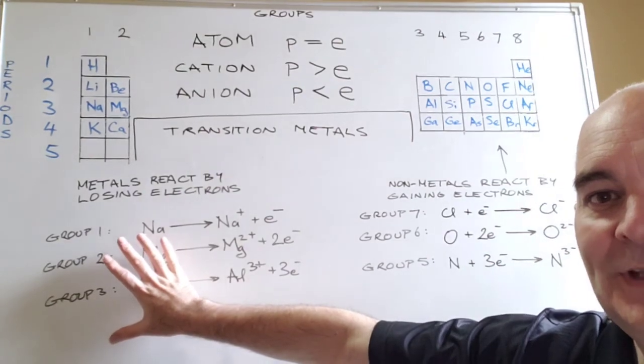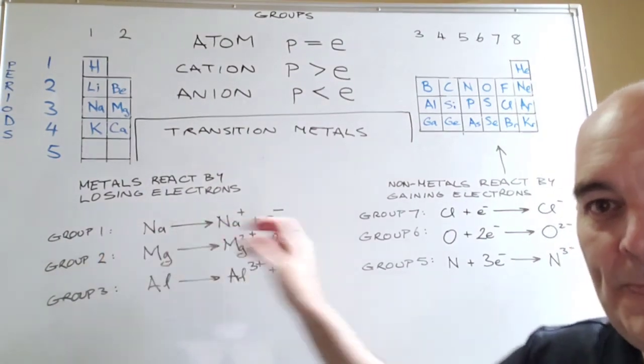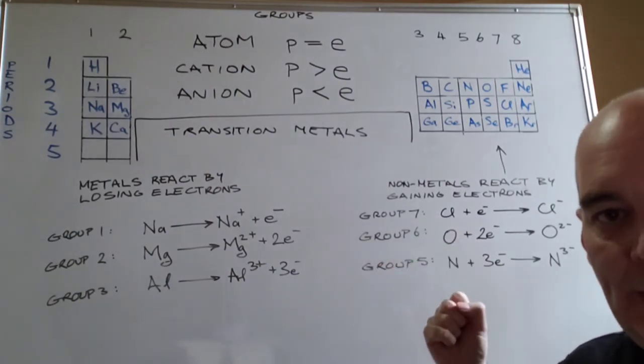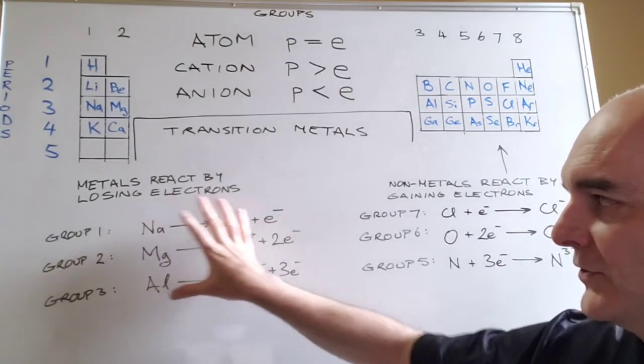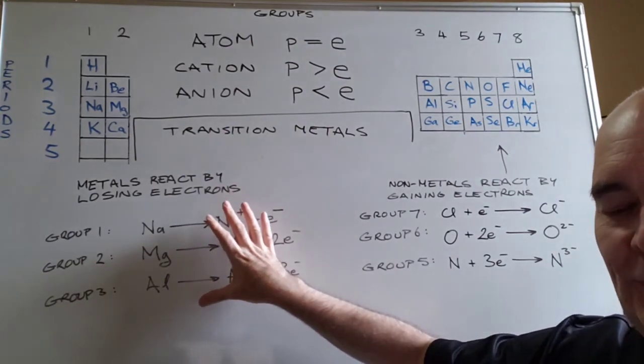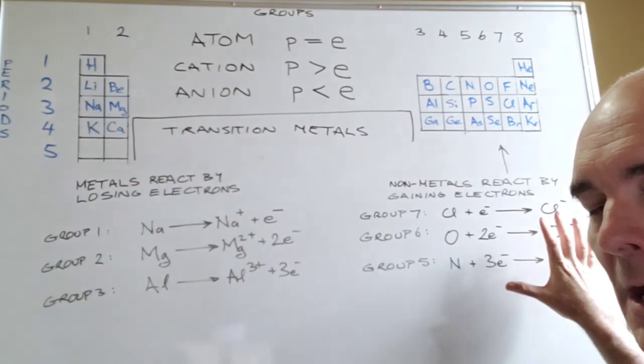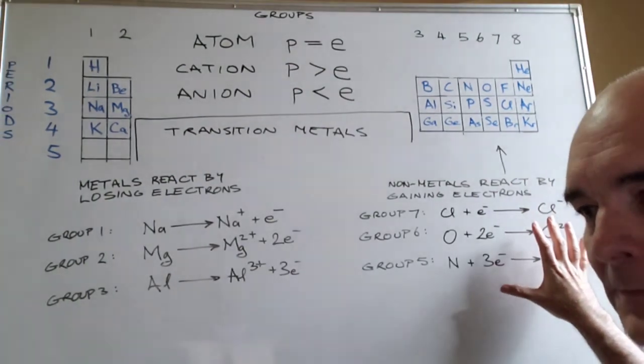Oxidation by the metals, giving electrons away. Reduction by the non-metals, gaining the electrons, making positively charged cations from metals, making negatively charged anions by the non-metals.